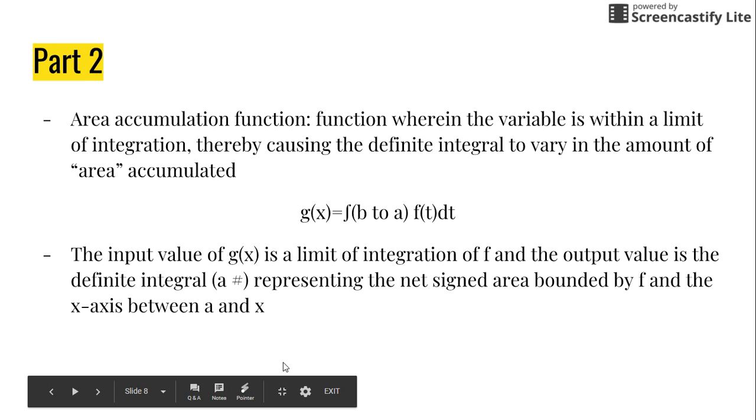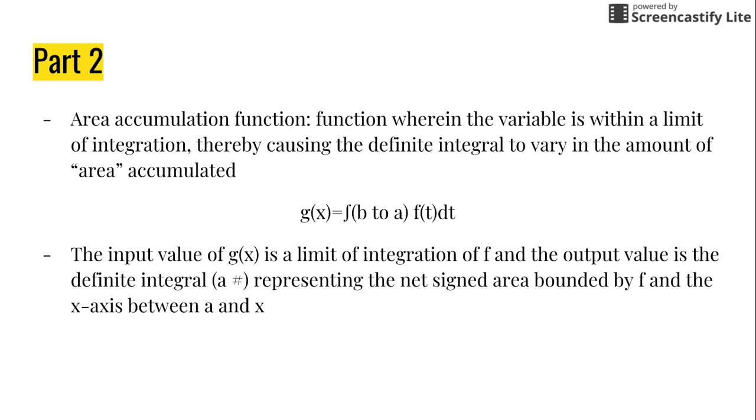First of all, we have to give our definition of an area accumulation function, which is a function wherein the variable is within a limit of integration, thereby causing the definite integral to vary in the amount of area accumulated.